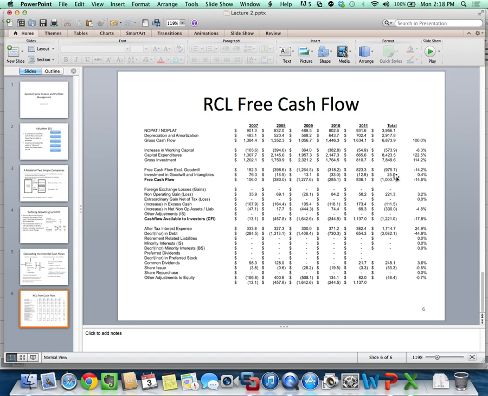The final part of free cash flow is any spending on acquisitions, and they did virtually none, very tiny acquisitions. So basically, free cash flow after acquisitions, negative $1 billion, which basically tells you right off the bat that they spent $1 billion more than they took in over the last 5 years.